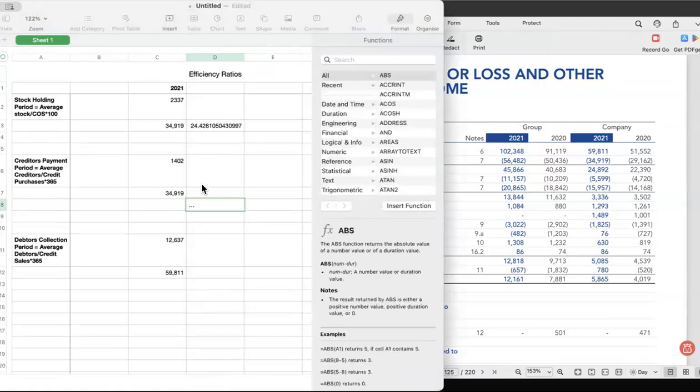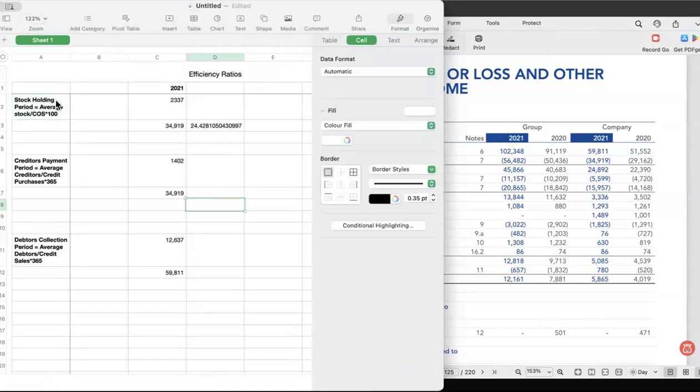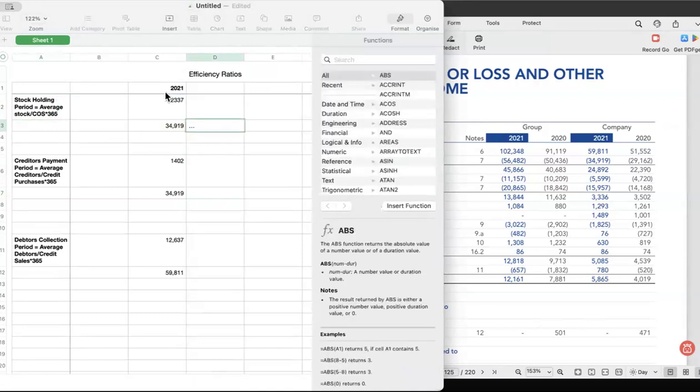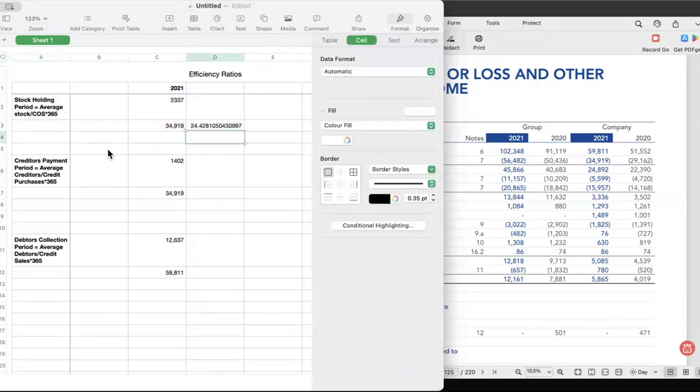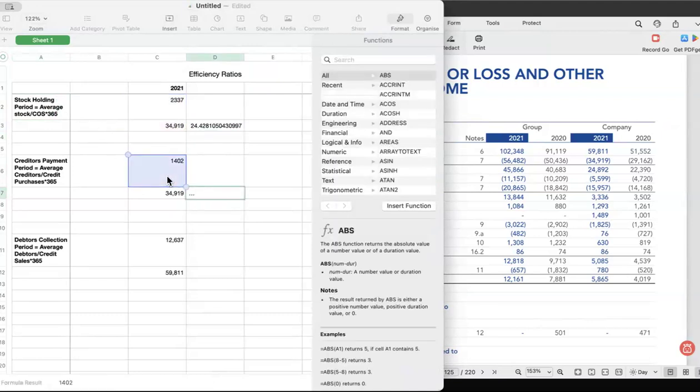Remember to multiply it by 365 days for the stock holding period. Okay, I did the calculation right, but this was wrong. I noticed it just now. Multiplied by 365, yeah, that's correct.